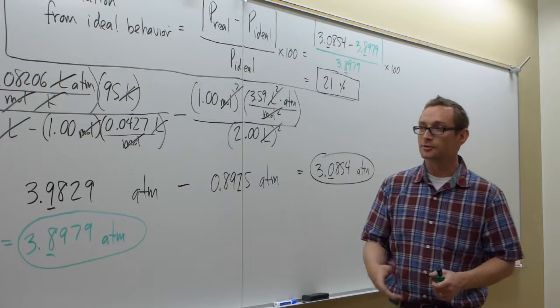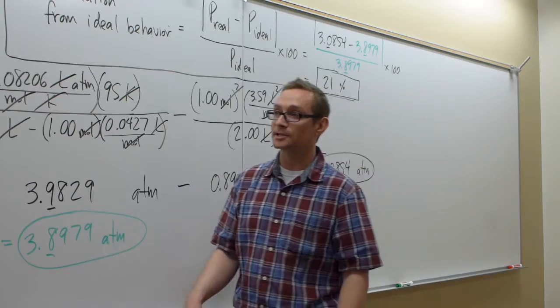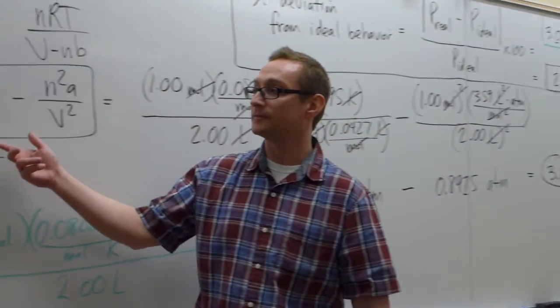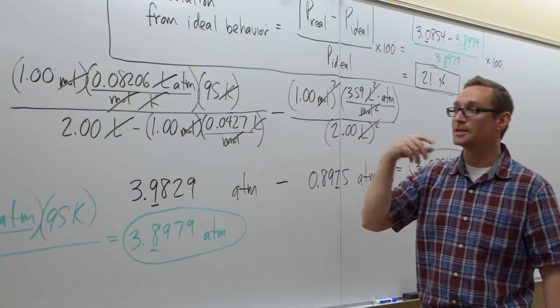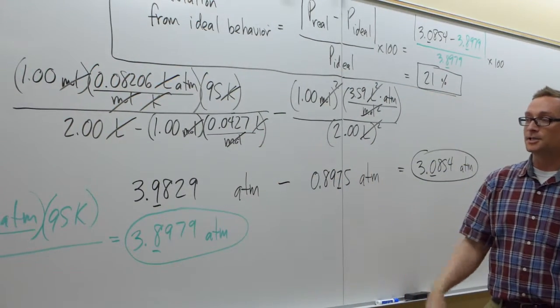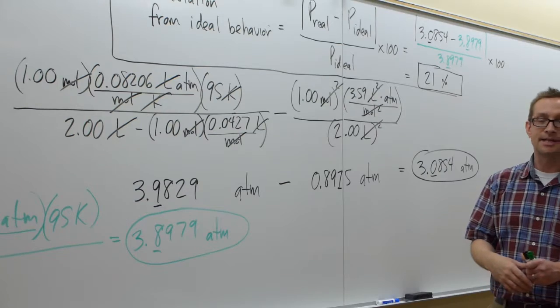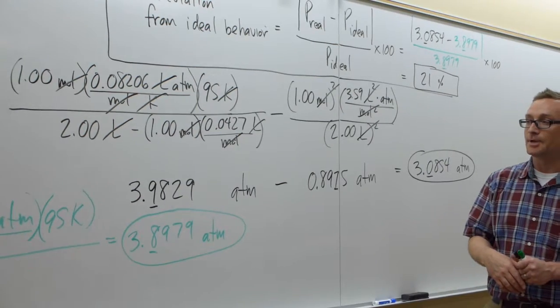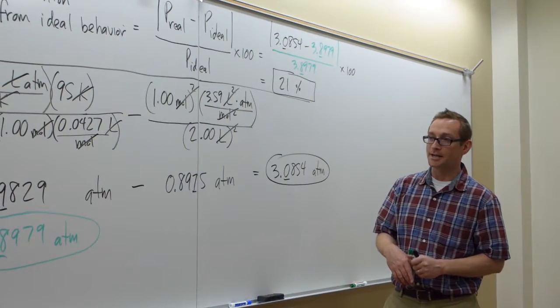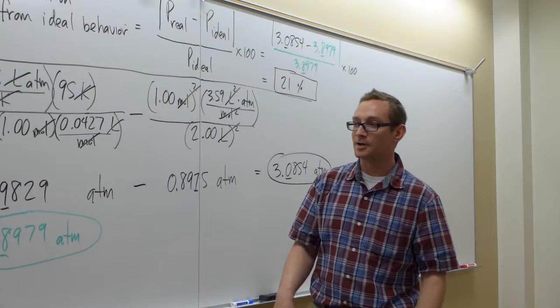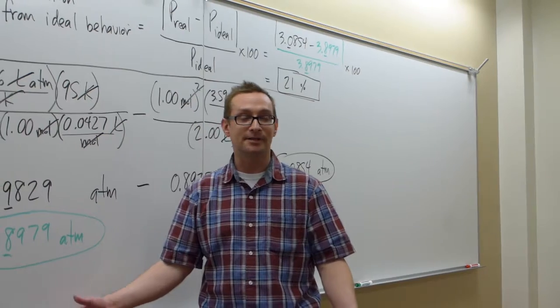Just to real quickly summarize, we solved the Van der Waals equation for P real. We then plugged in the numbers using the correction factors for carbon dioxide gas, paid attention to our units and sig figs. And then we did the same thing for the ideal gas law, which is a lot easier to calculate, clearly.